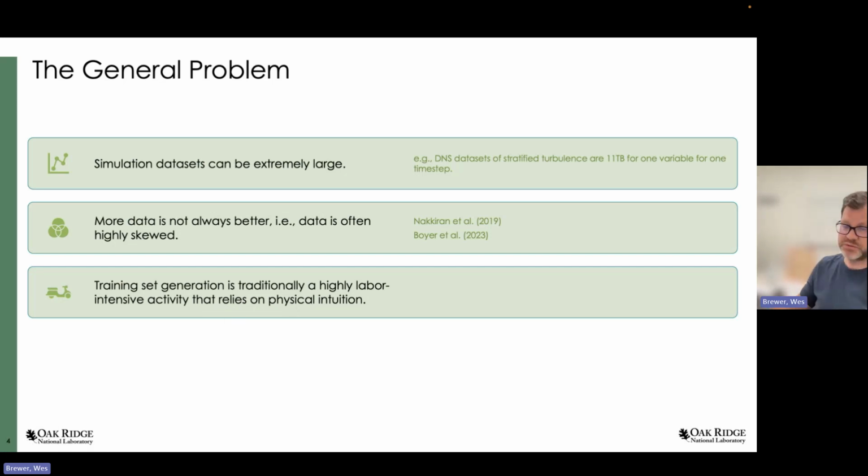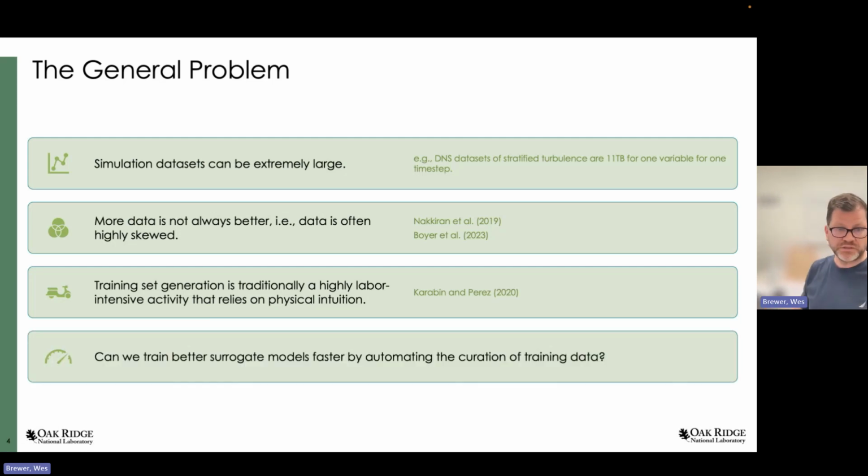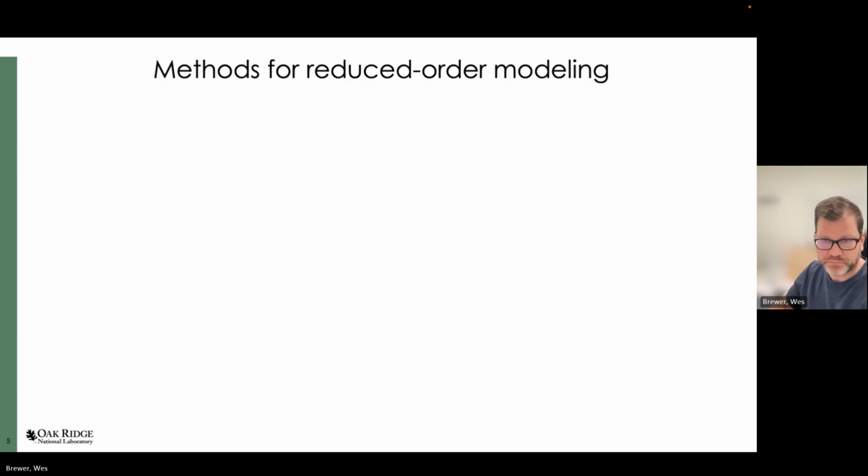That means if you're curating your data set using trial and error, you generally need to be a subject matter expert in that area. This was something that came out of the Carabin and Perez paper in 2020. And so the question we're trying to address in this paper is, can we train better surrogate models faster by automating the curation of training data?